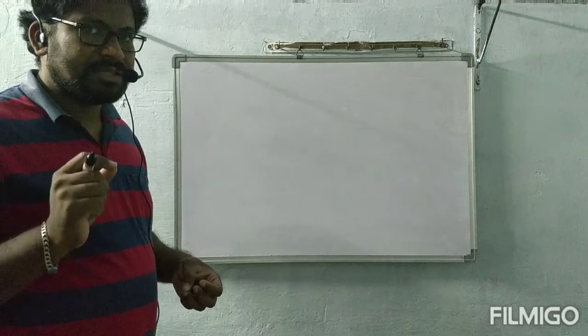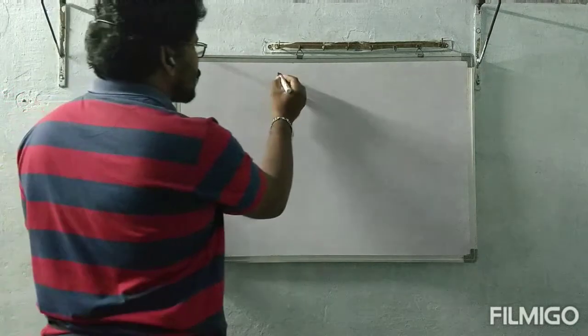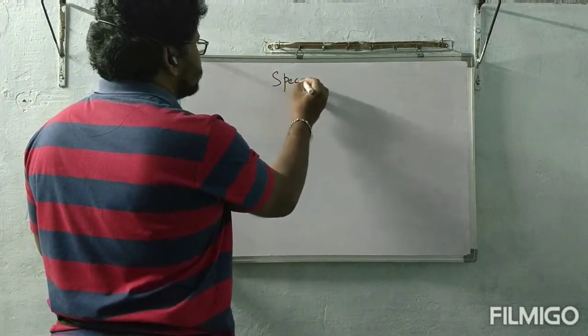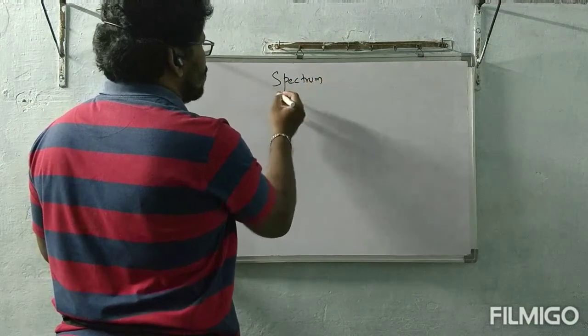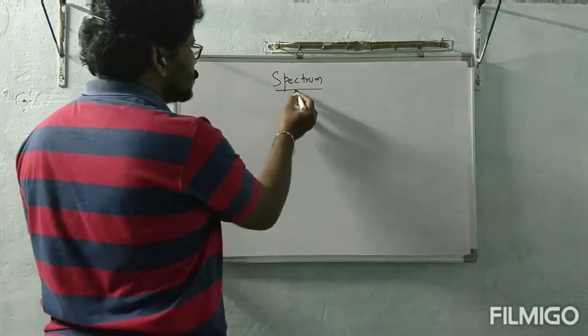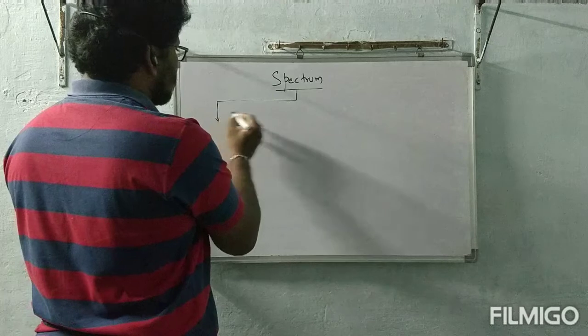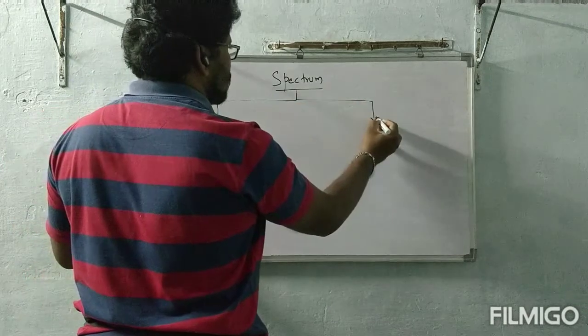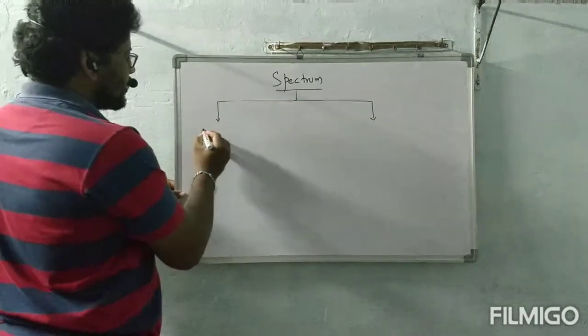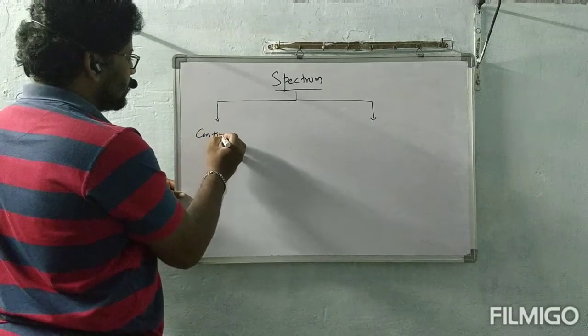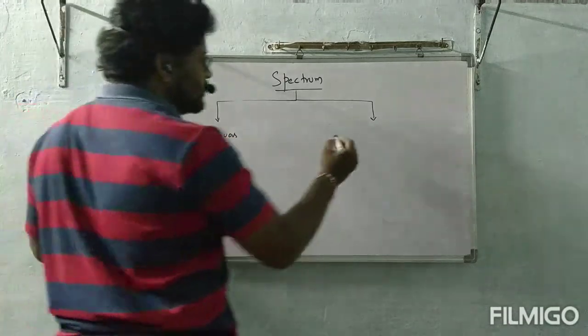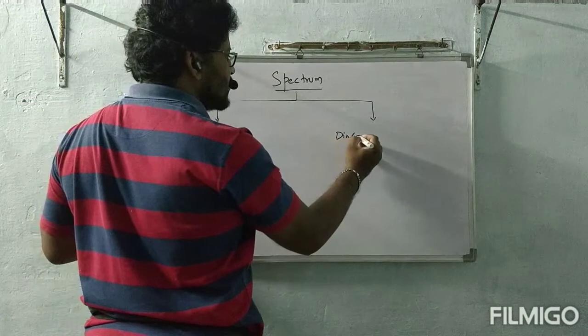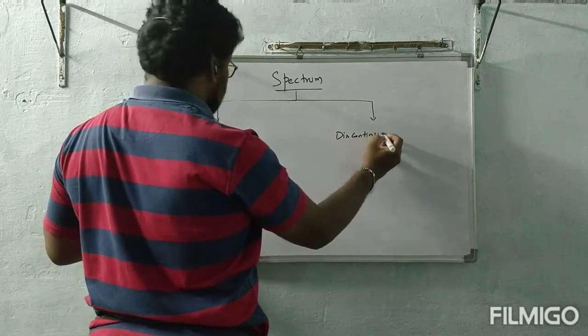One small clarification now. Spectrum is of two types: continuous and discontinuous. If any mistake is there, just correct that.